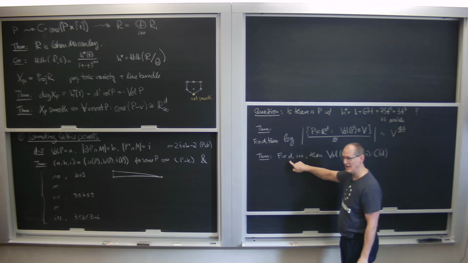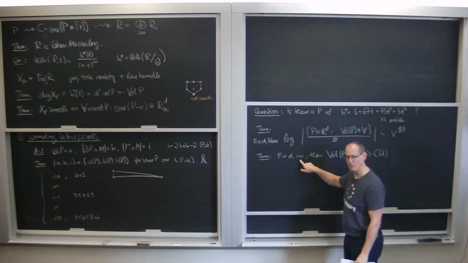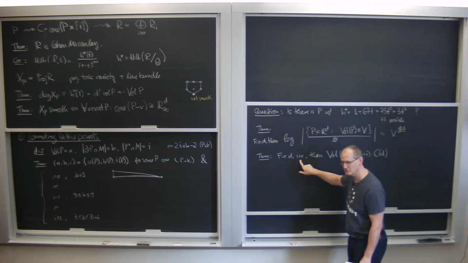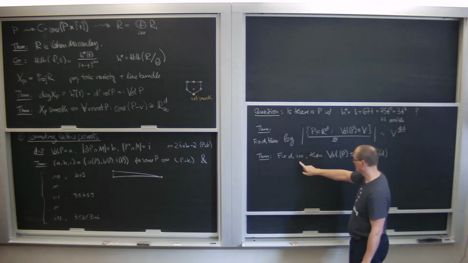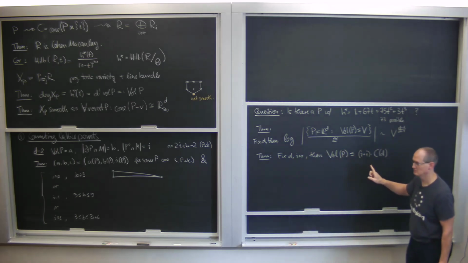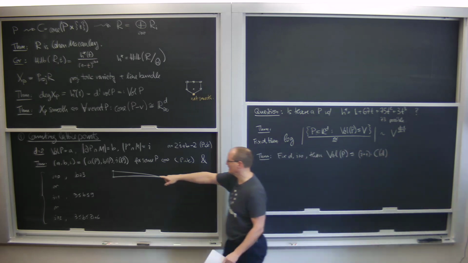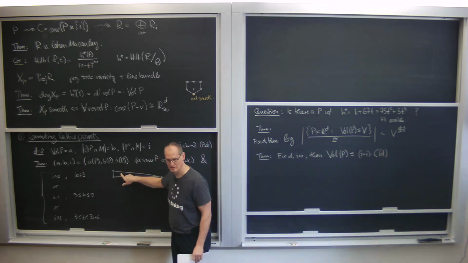I fix the dimension and I fix a positive number of interior lattice points. Then the volume is also bounded. This shows that i equals 0 does not work.